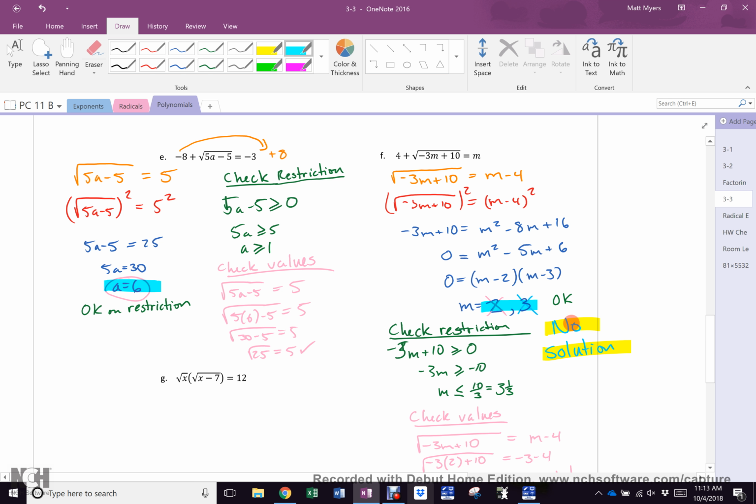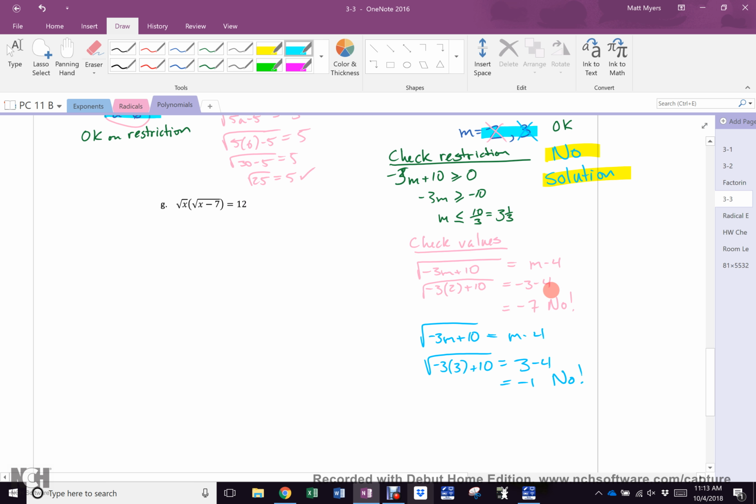How many people understand why there is no solution? Because when you put it back into the equation, you have a square root equaling a negative number. That's not okay. Is everybody cool? Yeah? All right.